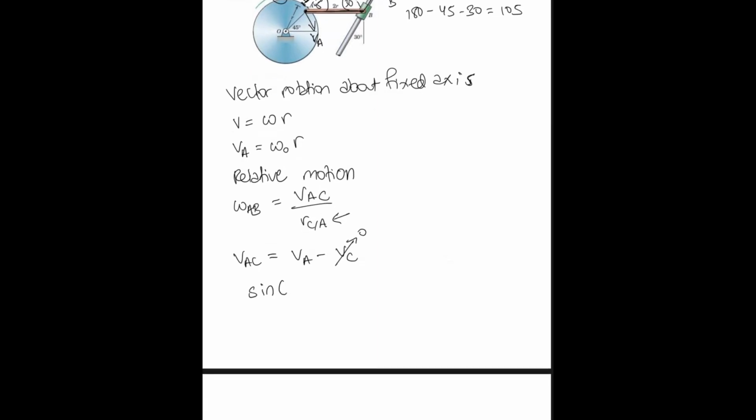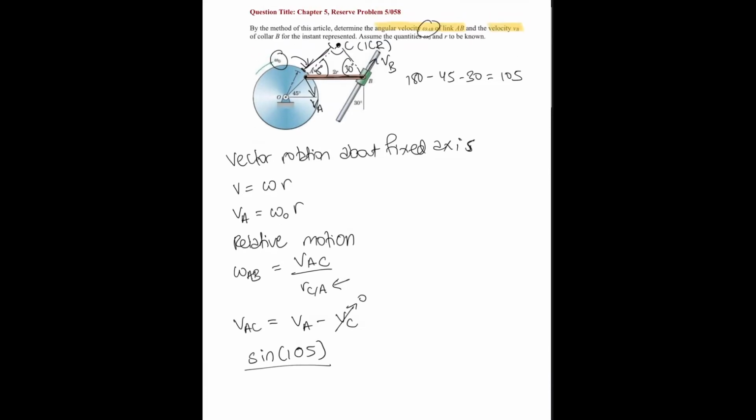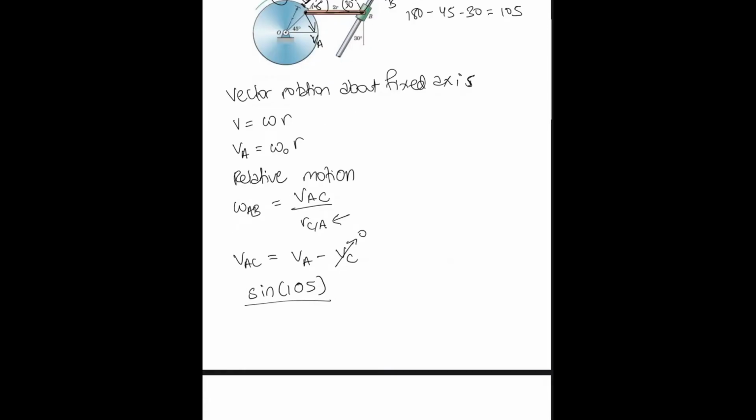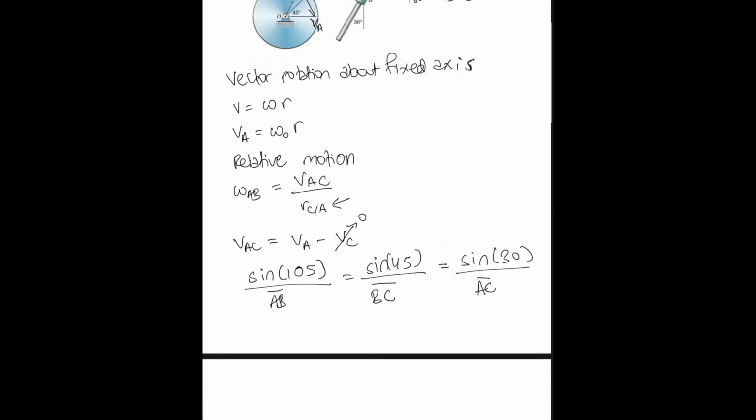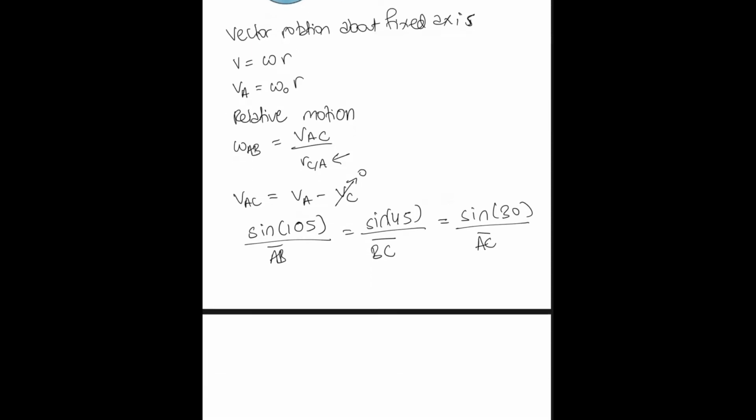So now we're going to have sine 105 over the length of link AB is going to be equal to sine 45 over the distance BC, which is also equal to sine 30 over the length of AC. Now we're concerned about AC now.